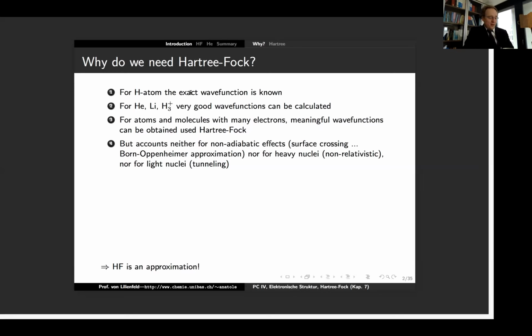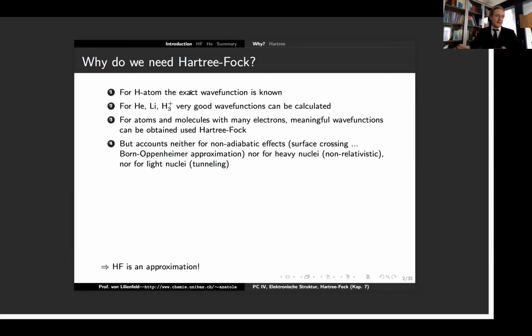So you have these relativistic effects then, right? So the Hartree Fock still does not account for that. And also it will not account for quantum behavior of your nuclei. So light nuclei can tunnel.